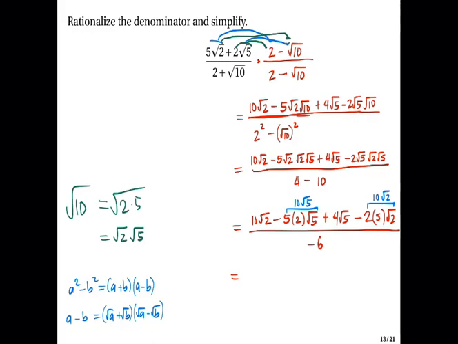So this guy here will cancel this guy here. Again, that's 10 square root of 2 minus 10 square root of 2. So they will be cancelled. While you have minus 10 square root of 5 plus 4 square root of 5. So minus 10 plus 4, that's minus 6 square root of 5 divided by minus 6, and this is just square root of 5. So this is the final expression.